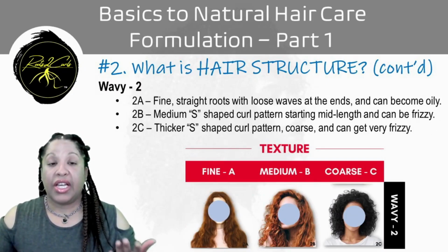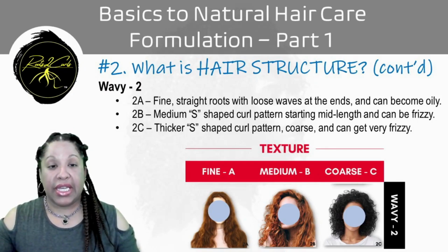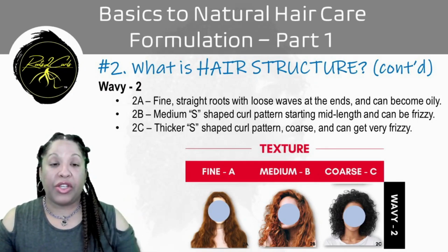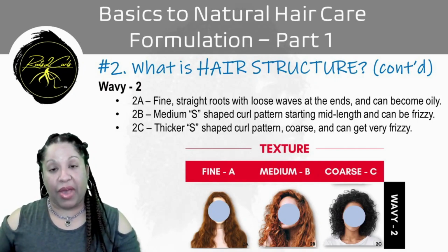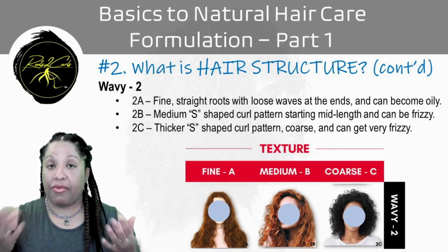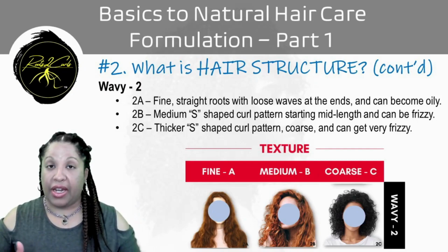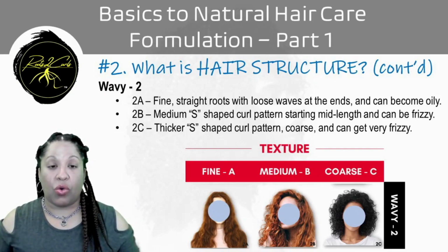All right, wavy, again, broken out ABC. So wavy 2A is fine, straight roots with loose waves at the ends. So at the ends, you'll start to see a little wave pattern, and can become very oily. So we're still in that area where the scalp and the hair are oily.